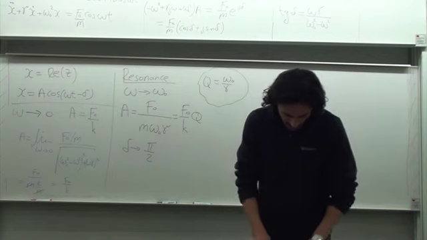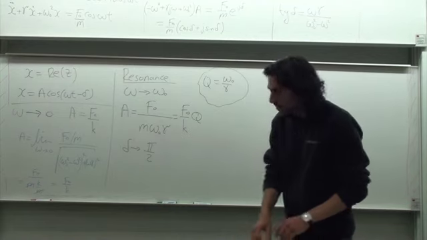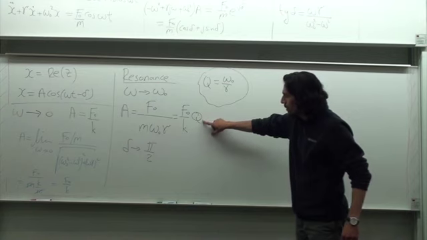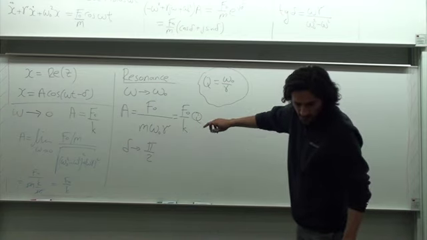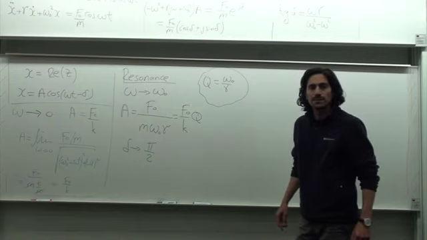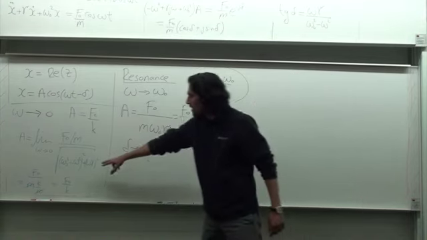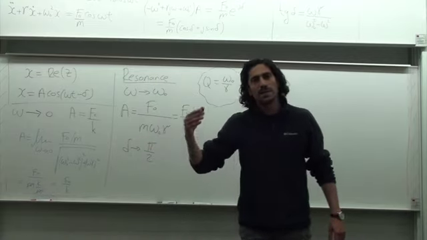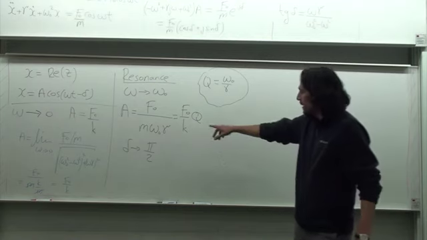Now at resonance, the amplitude is Q times larger. There's a factor of Q larger than the case of extremely low frequency. What we did before was the case of extremely low frequency, and we found that the amplitude is simply f0 over k.